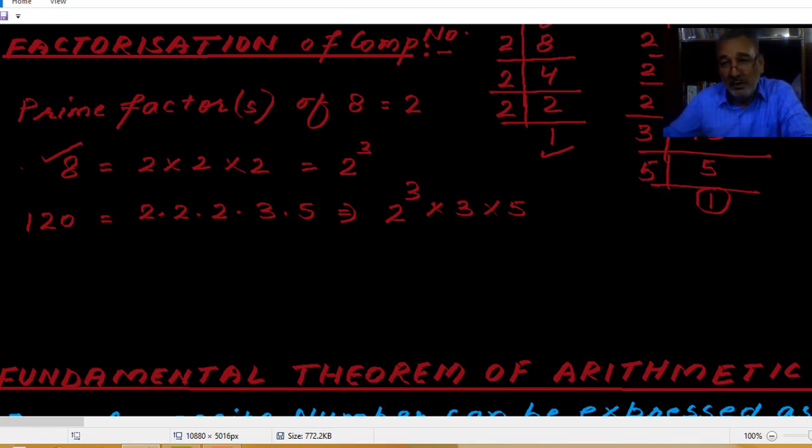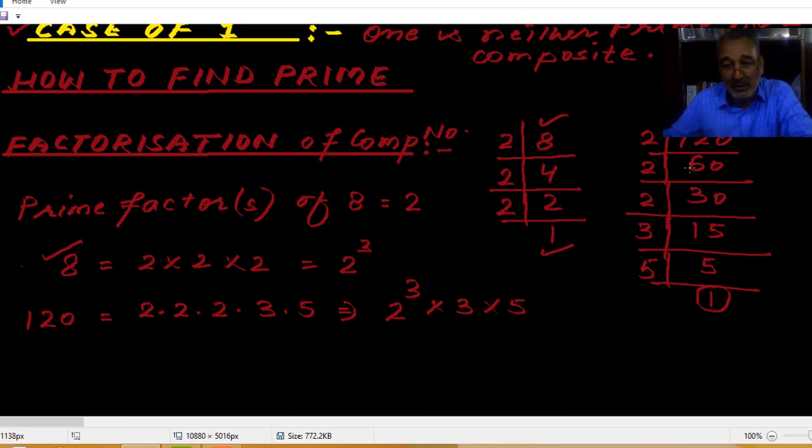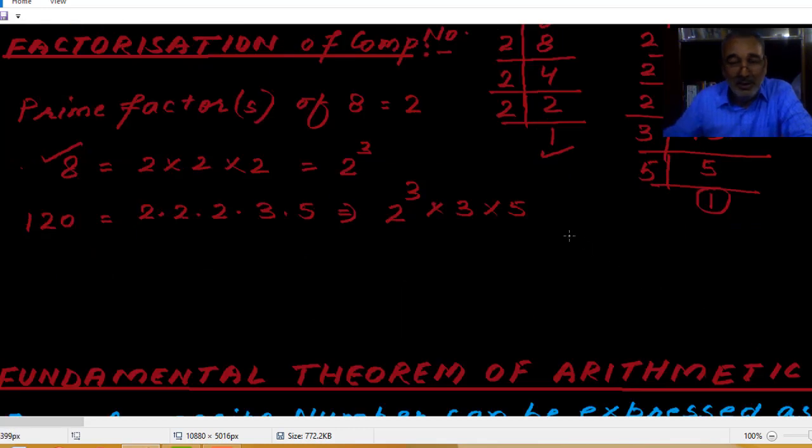Sometimes some of the students say, I am finding out LCM of 8. It is not LCM. This is prime factorization of 8. And sometimes we are making silly mistakes.